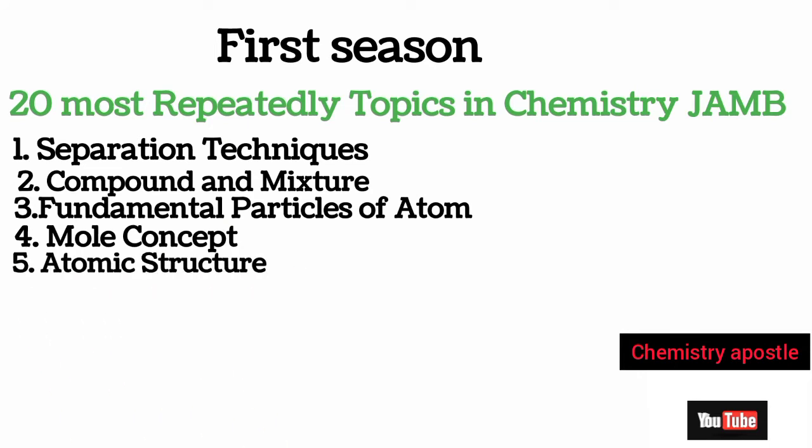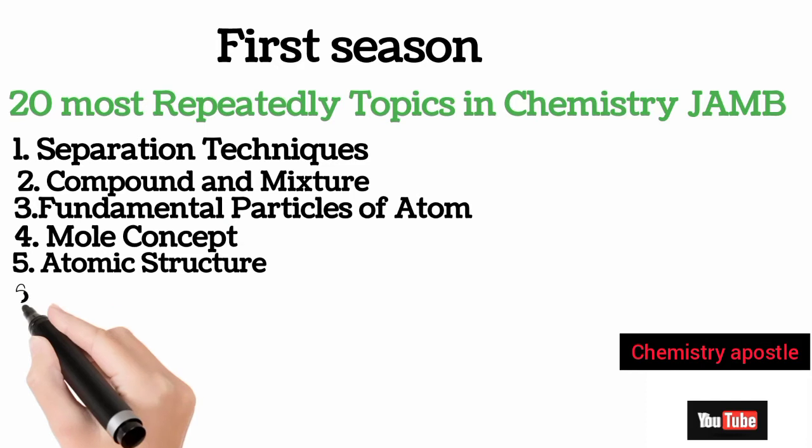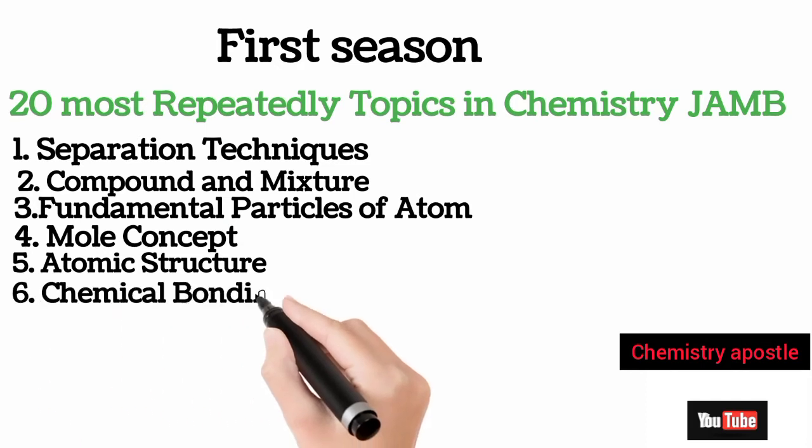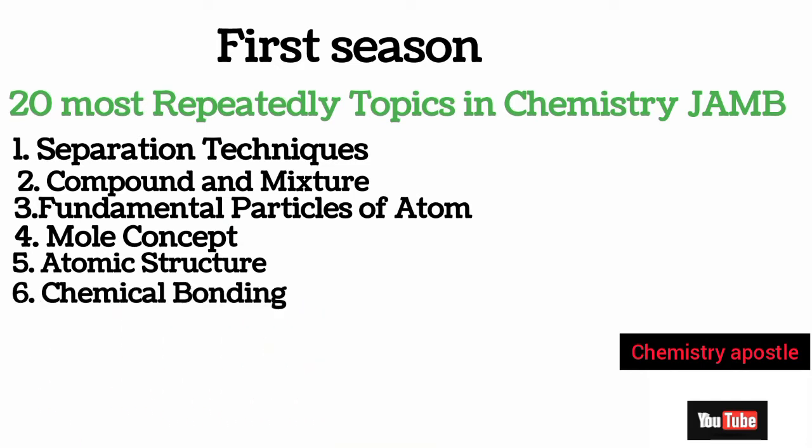Atomic structure. Atomic structure talks about the nature of electron. What we are expected to learn here is electronic configuration using SPDF, 1s2, 2s2, and so on and so forth. You are also expected to know the people that worked on the discovery of ions and electrons.